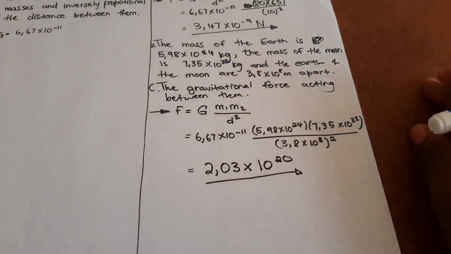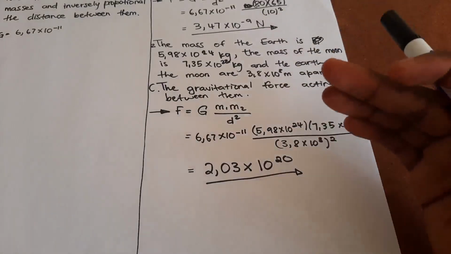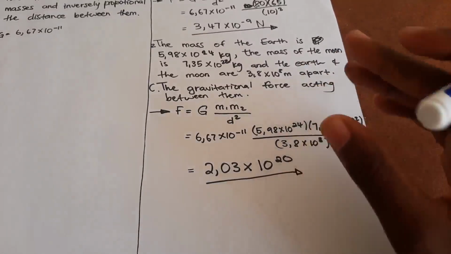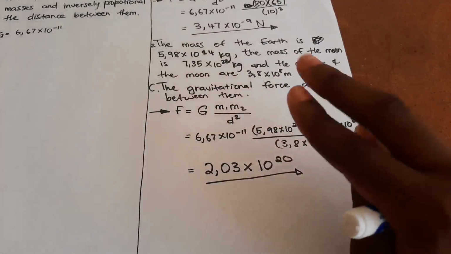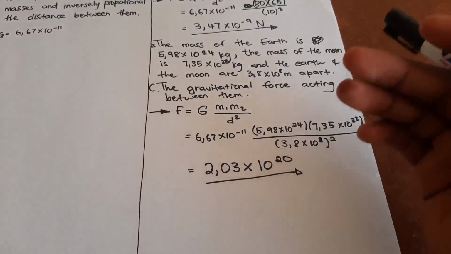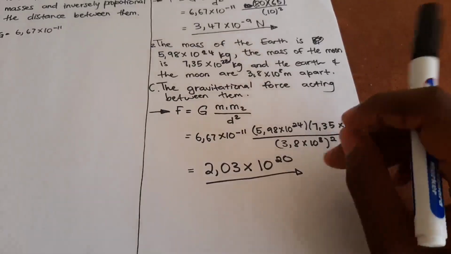The forces are very small. So in all, the greater the masses, the greater the force between them, and the closer the bodies, the stronger the gravitational force between them.